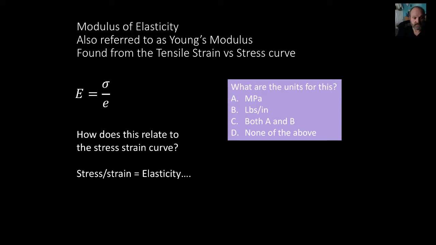The reason is that we learned that the strain is unitless, and the stress is the pressure unit, so it's force divided by area. It's the force applied to the test piece divided by A naught, the original cross-sectional area. Okay?